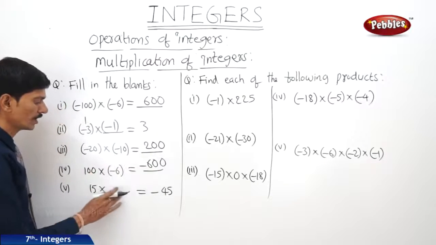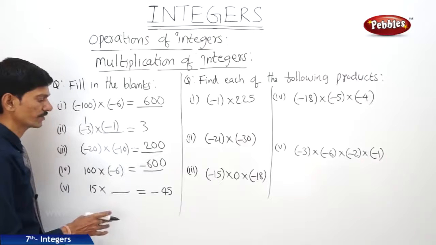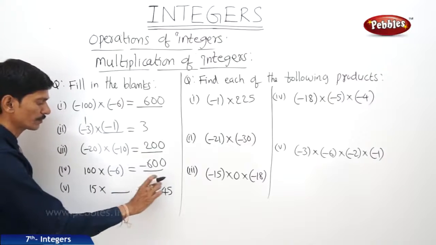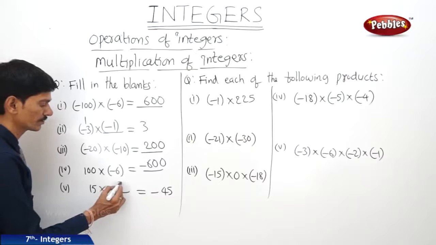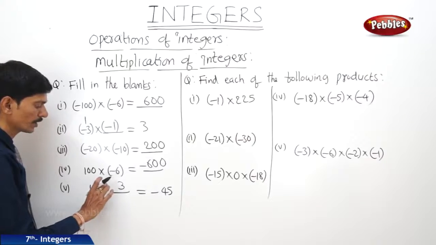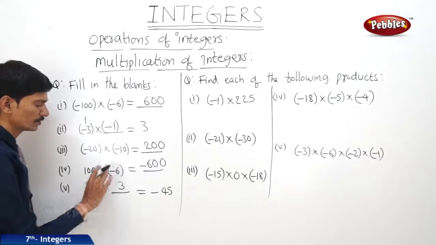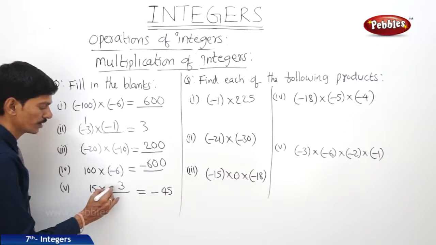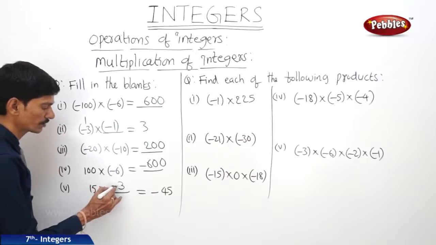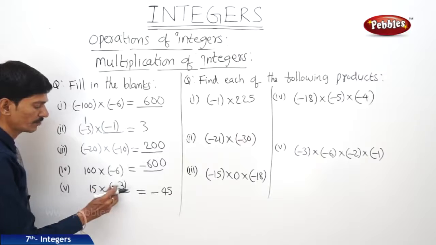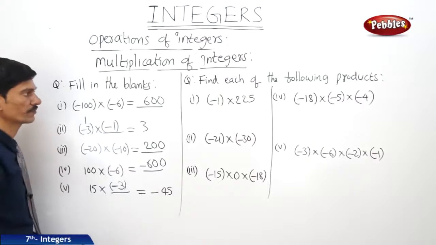Now 15 into dash equals to -45. What should be multiplied by 15 to get the product 45? It is 3. But whether it is +3 or -3? To get a negative product from a positive number, we multiply by a negative number. So 15 into -3 equals to -45.